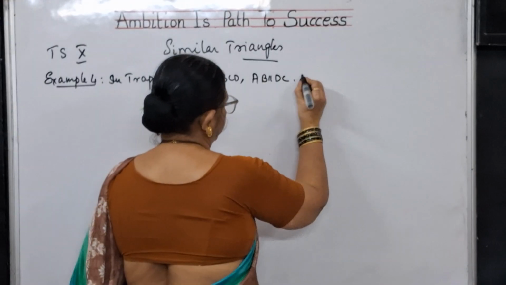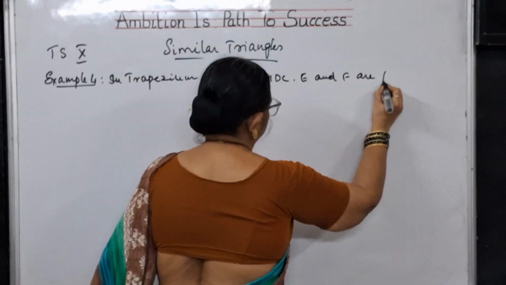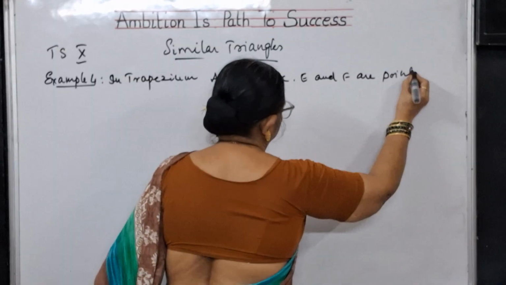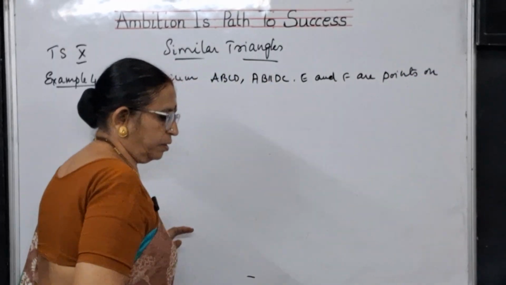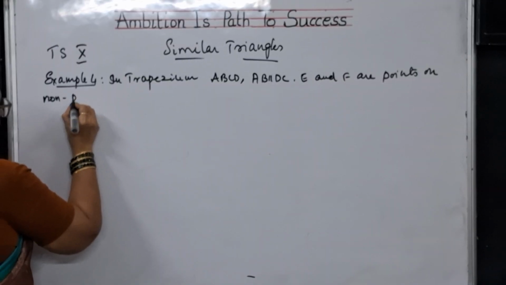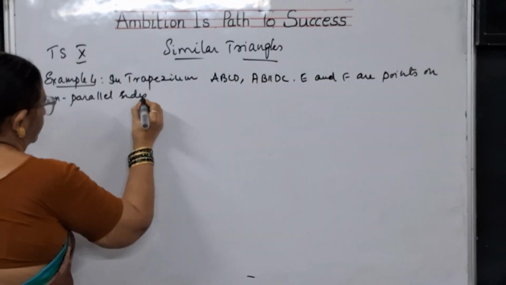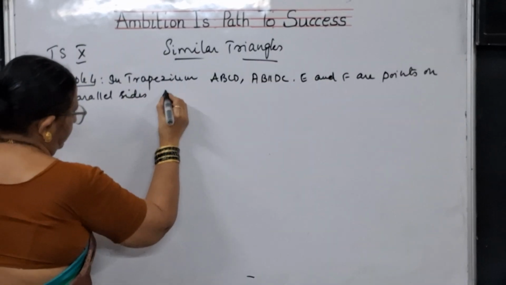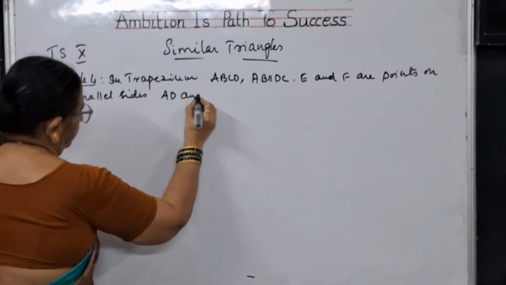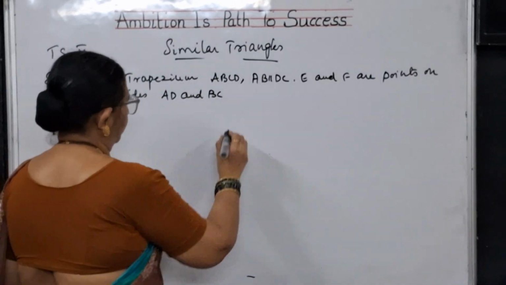E and F are points on non-parallel sides AD and BC respectively.